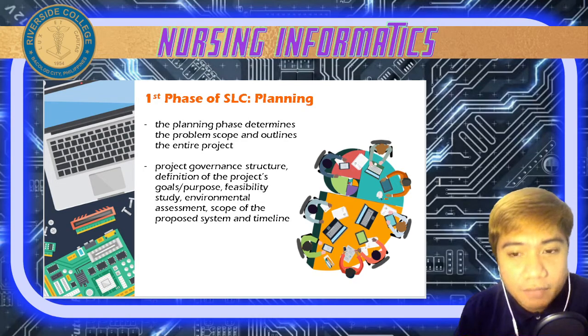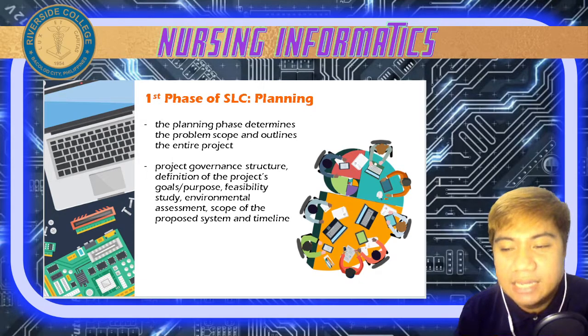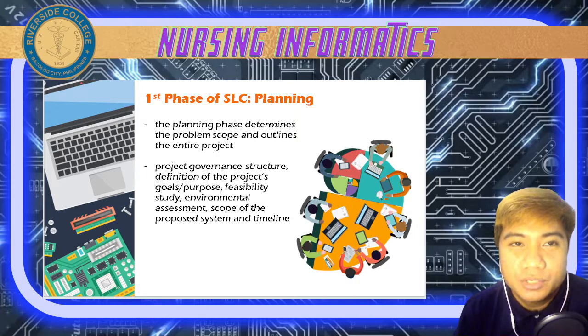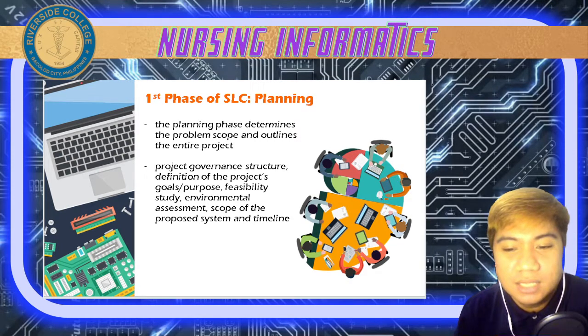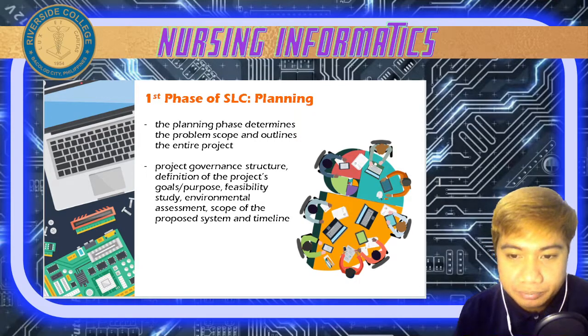In the project governance structure, the clinical leadership of your organization is highly involved in the establishment of the committee structure. So your organization's strategic goals and priorities must be reviewed and considered.